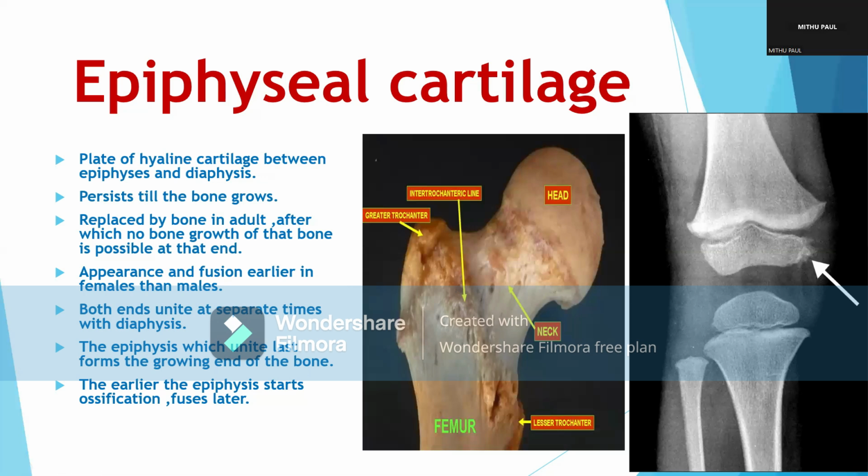Now, there are some rules about the fusion of the epiphysis, because the epiphyses in long bones appear at different times of life. First rule is that ossification centers in the epiphysis appear earlier in female and fuse earlier too.